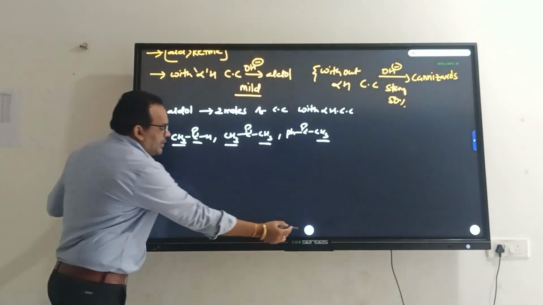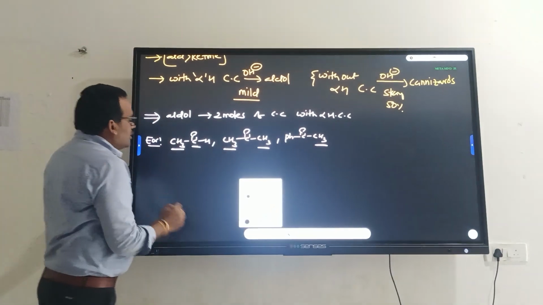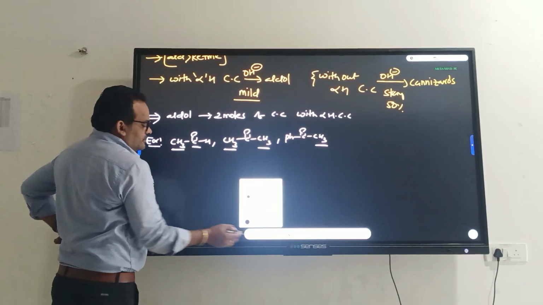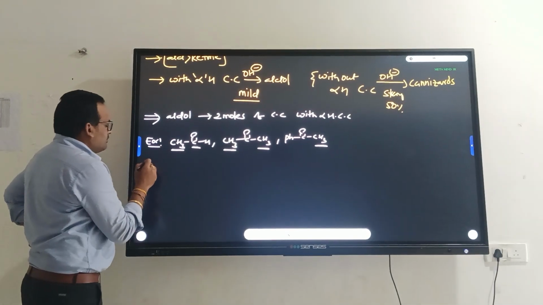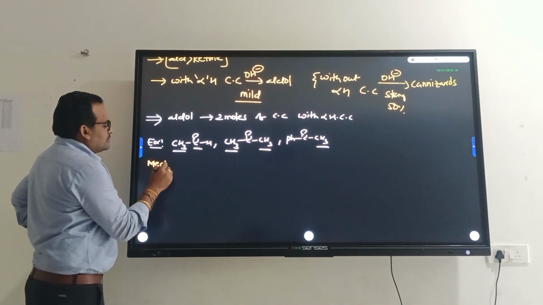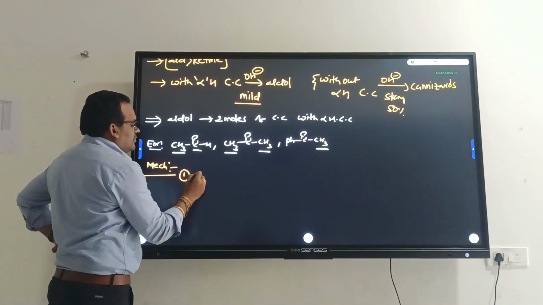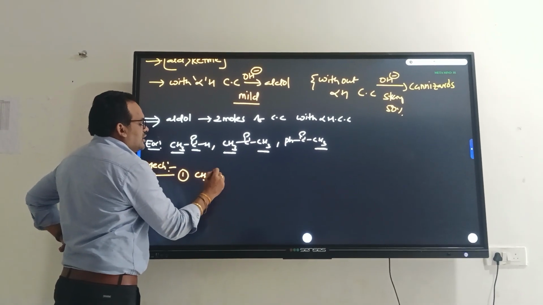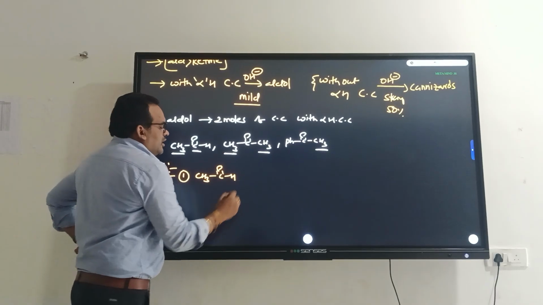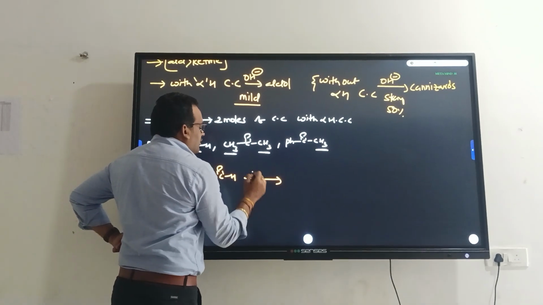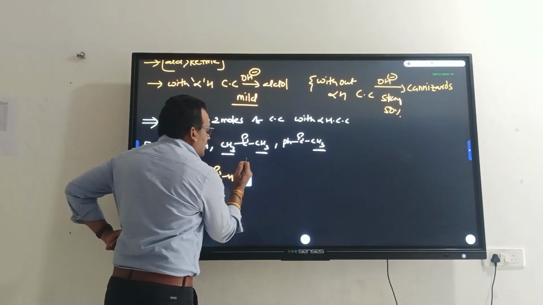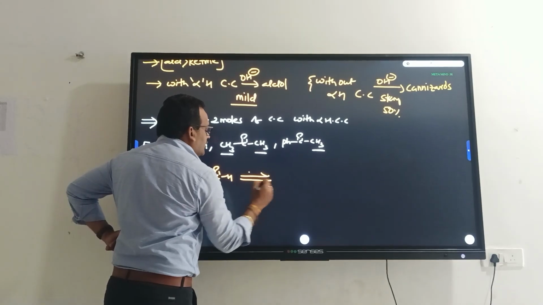Now, what is the basic fundamental equation? First step. If you take the mechanism, children, step 1: CH3CHO in presence of the base. These are all reversible reactions.